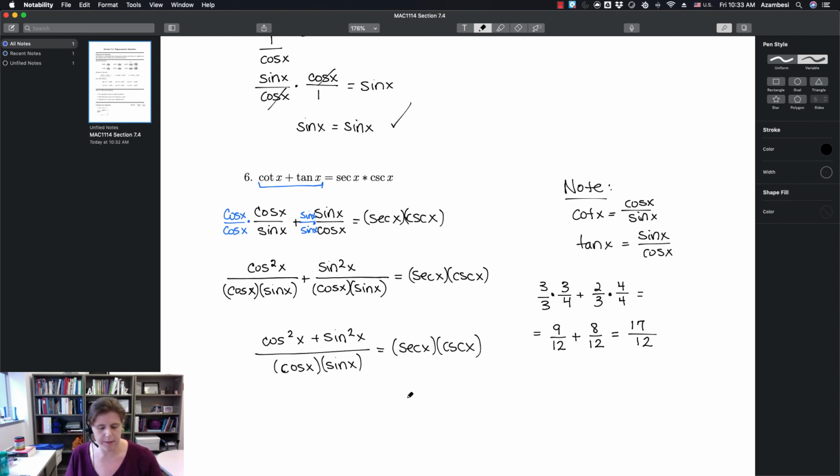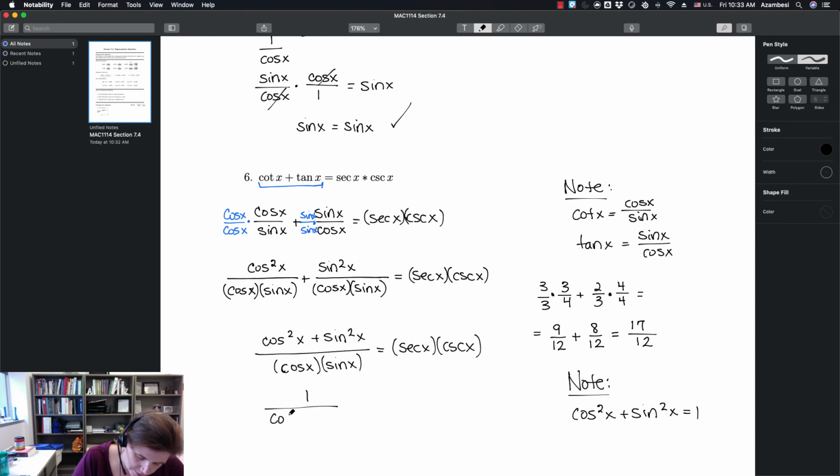I know that cosine squared x plus sine squared x is equal to 1 from the Pythagorean identity. So note cosine squared x plus sine squared x is equal to 1. So I'm going to replace the top of this fraction with 1, and I get 1 over cosine of x sine of x is equal to secant of x times cosecant of x.